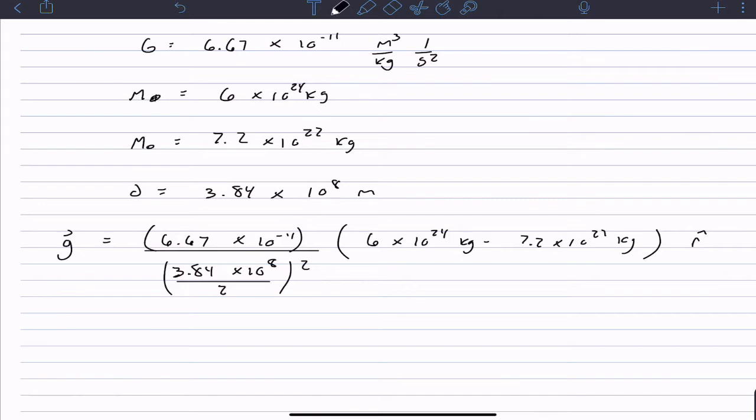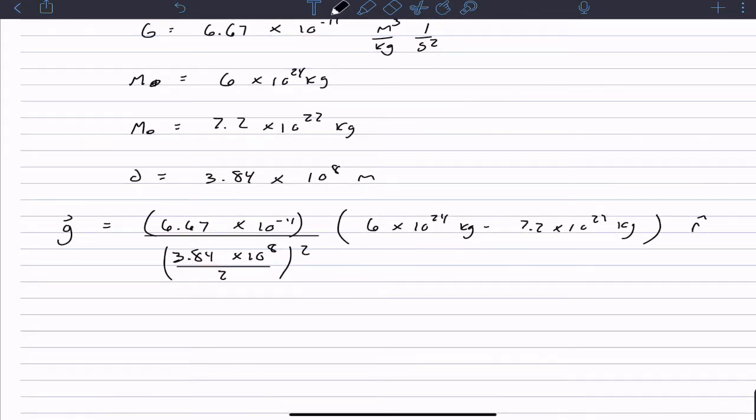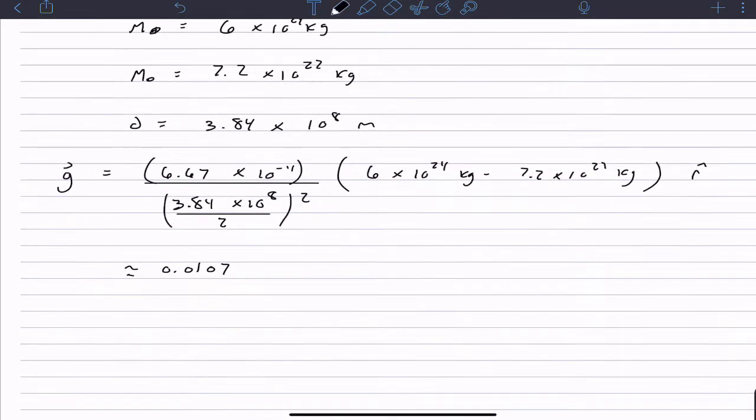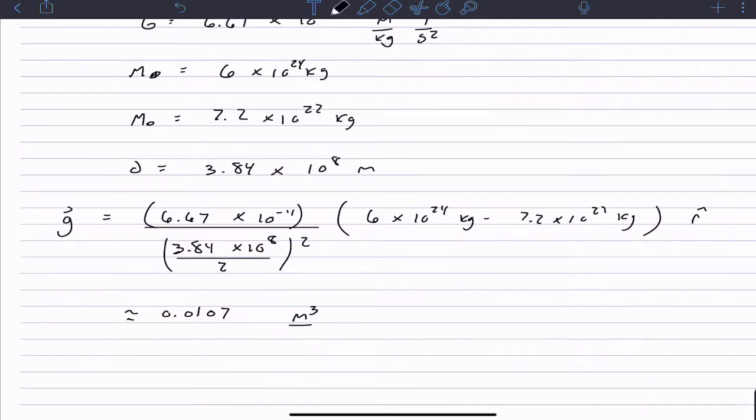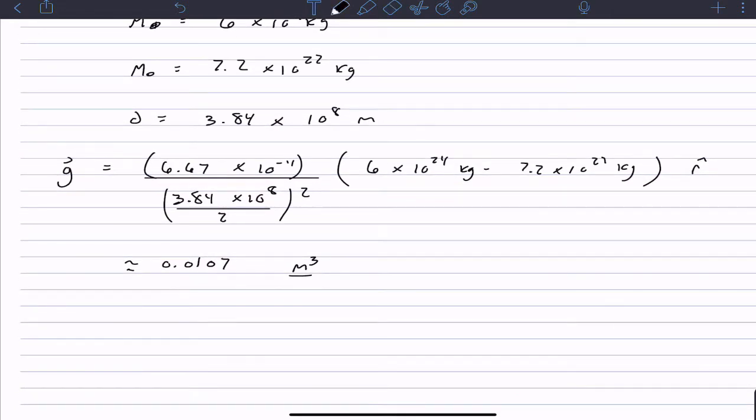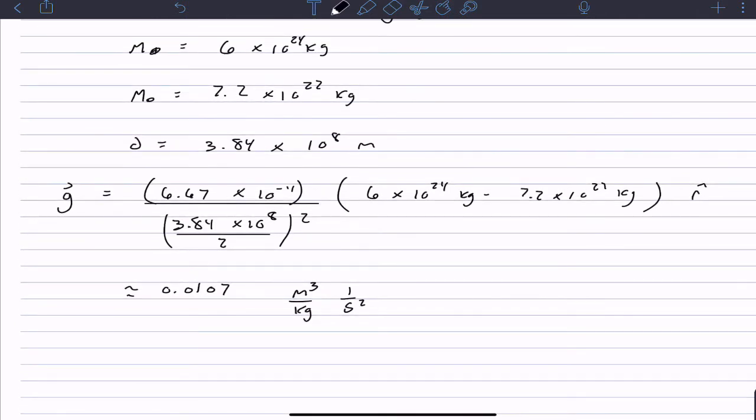And remember the units. We can look at the units here. I'll just give you the answer first. It's going to be roughly 0.0107 meters. Let's do units now. So we have meters cubed over kilograms over seconds squared. This is kilograms, so kilograms goes away.